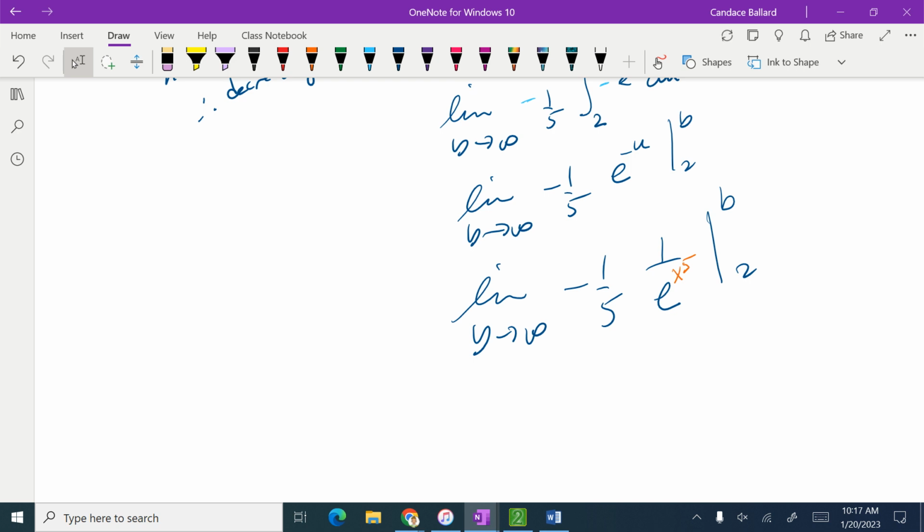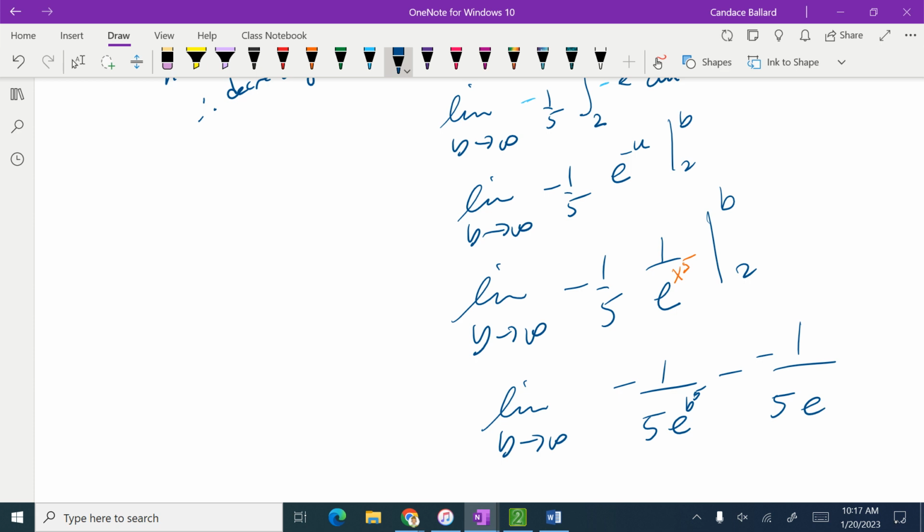Okay. I'm going to plug in the b and I'm going to plug in the 2, right? So we've got the limit as b approaches infinity of negative 1 over 5e to the b to the 5th minus negative 1 over 5e to the 2 to the 5th.